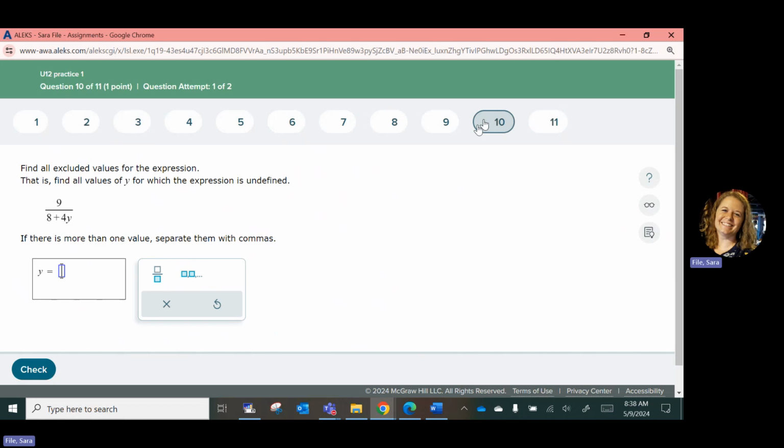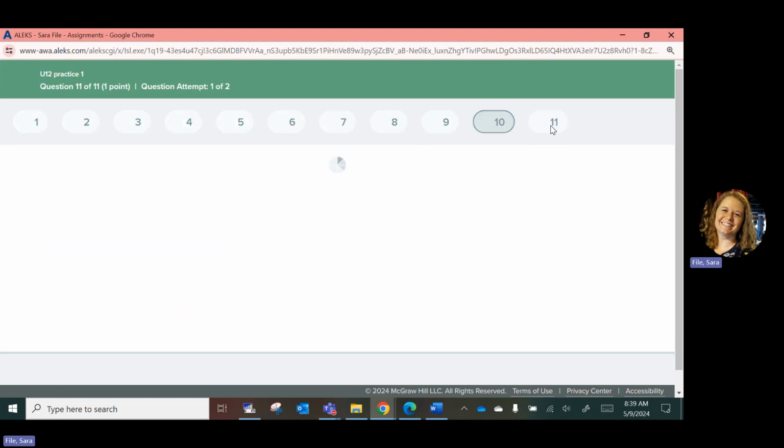And then 10 and 11 are asking for the excluded values. This is what I was explaining on the add-on notes. Your excluded values are anything that makes the denominator 0. So just take your denominator. You're just focusing on the denominator. What would make this 0? So set it equal to 0 and solve. The majority of the time, that's going to involve factoring. This one, since it's linear, doesn't technically have to be factored.